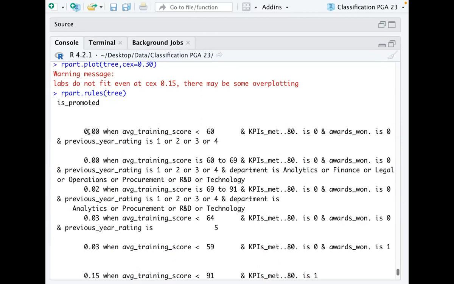The probability is 0 when his average training score is less than 60, when he has not met his KPIs, and when he has not won any awards, and his previous rating is 1, 2, 3, or 4. He will never get promoted. 0, 0, all these things are rules for not getting promoted.